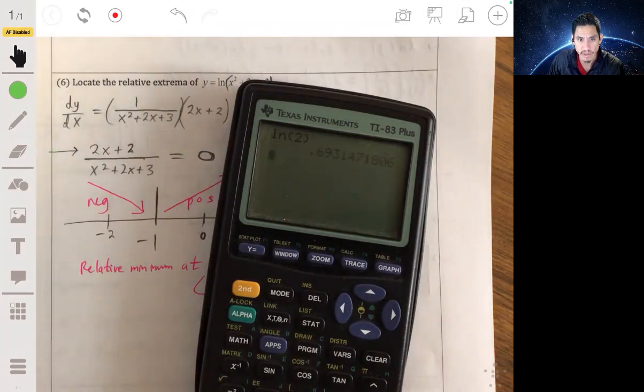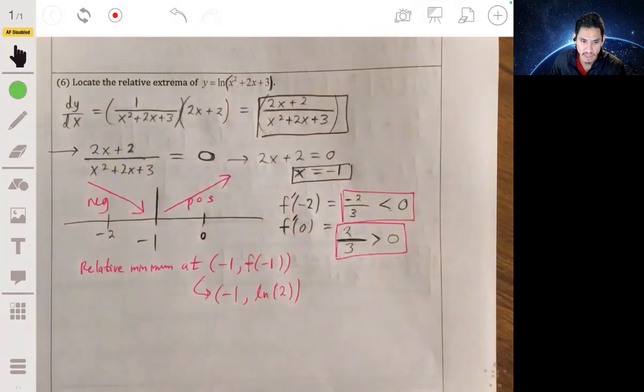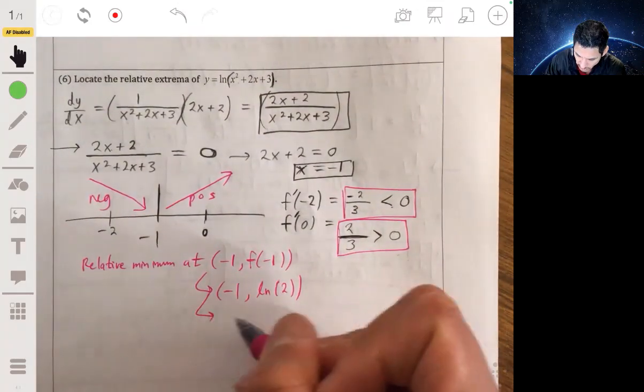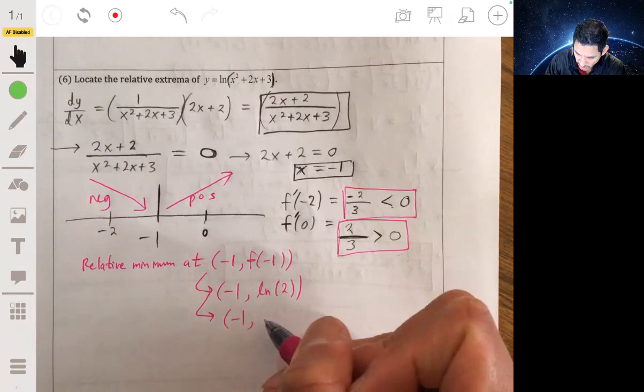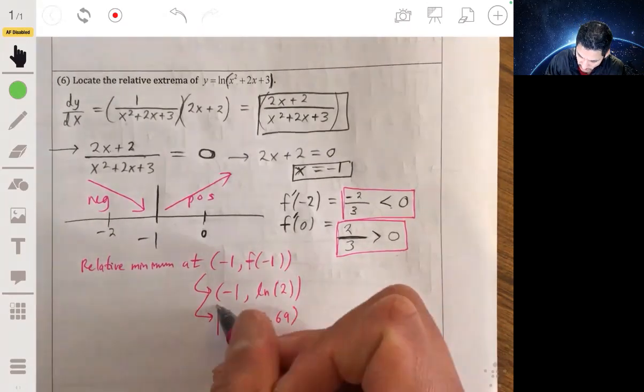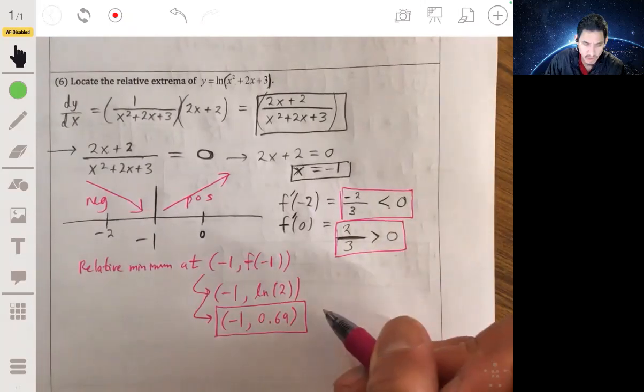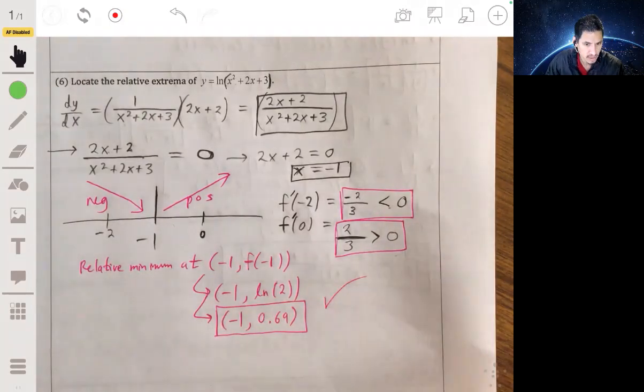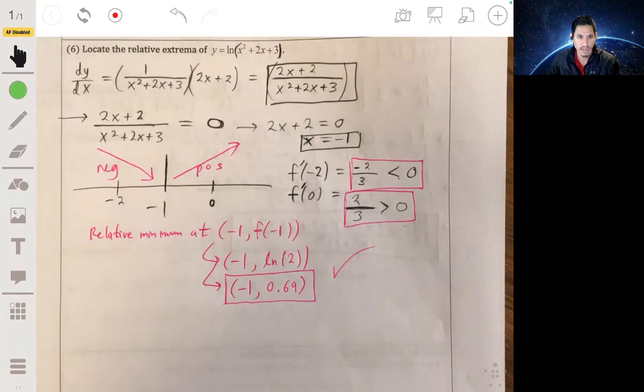If we want to get very clear, it would be about 0.69. And so our relative minimum would be about negative 1, comma 0.69-ish. And there you go.